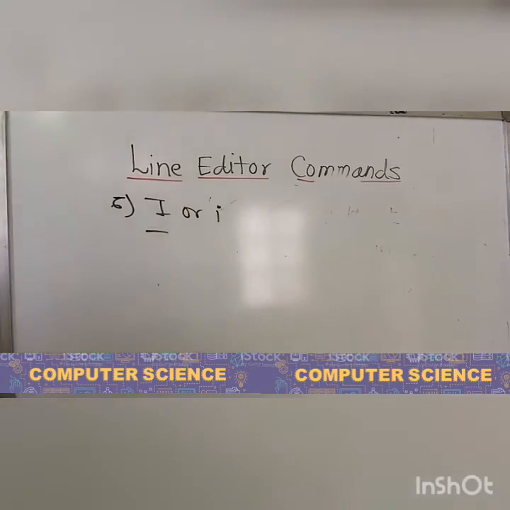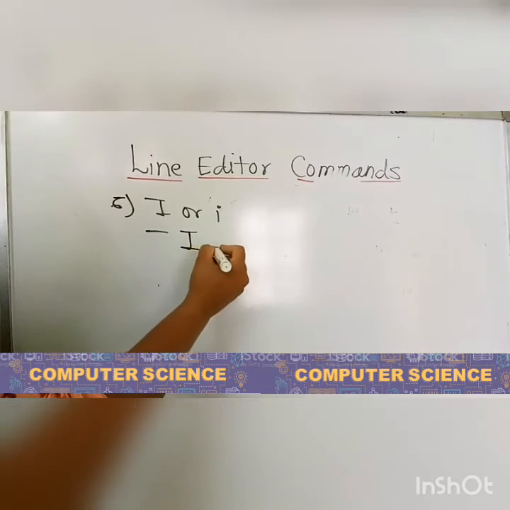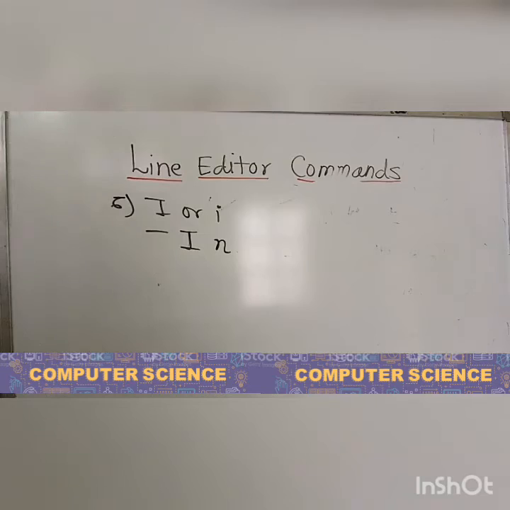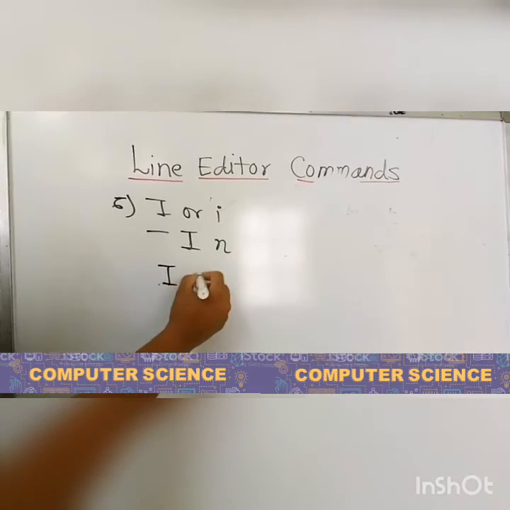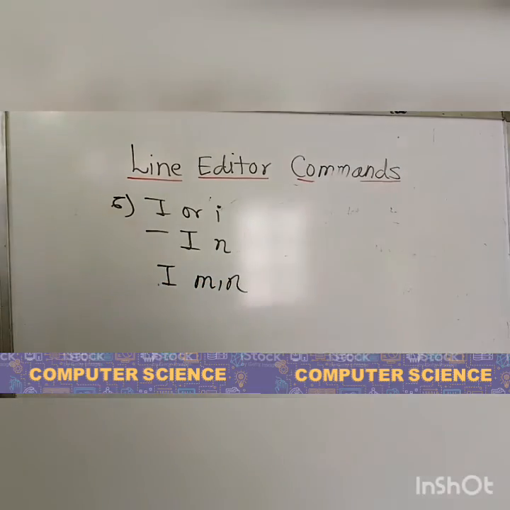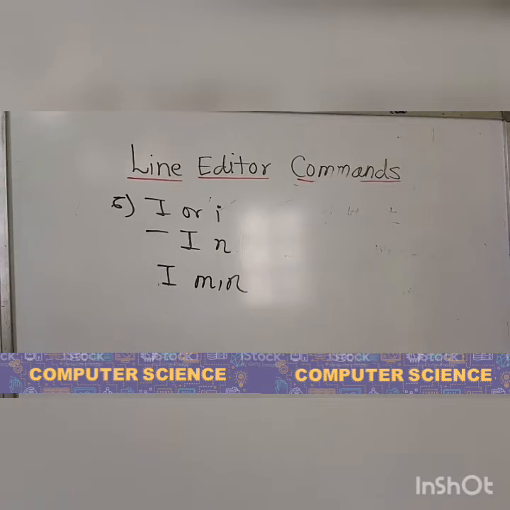What are the different mechanisms? If we take I as the command name and n as the parameter, then it will insert the nth line into the file. If we take it as m comma n, then it will insert lines at the specified position, where the position and line numbers are specified by the user.